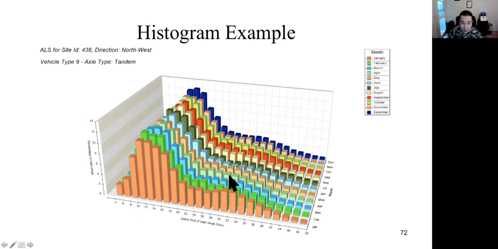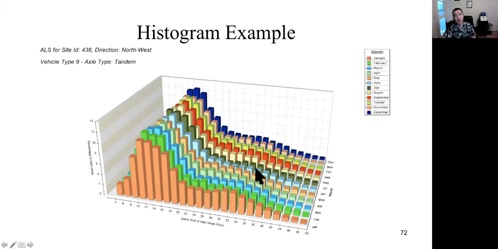Here's another example. I think it belongs to traffic engineers. It shows emission data at different months, and also depending on different road conditions.